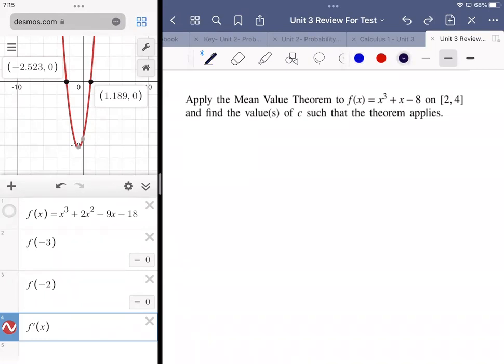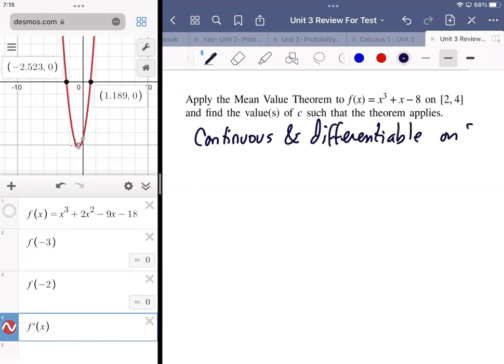But apply the mean value theorem. It's got to be continuous and differentiable on the interval of 2 to 4. The mean value theorem says that the slope of the secant line and the slope of the tangent line would be equal at some point along that interval, as long as it's continuous and differentiable on that closed interval.